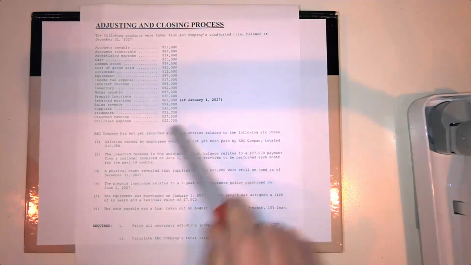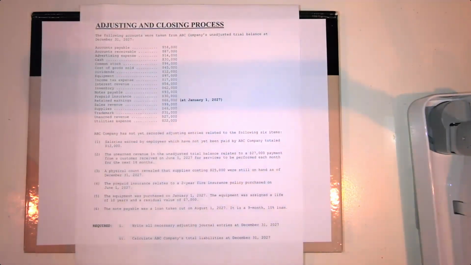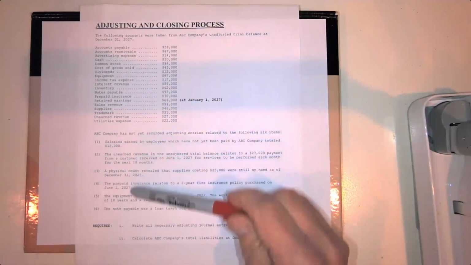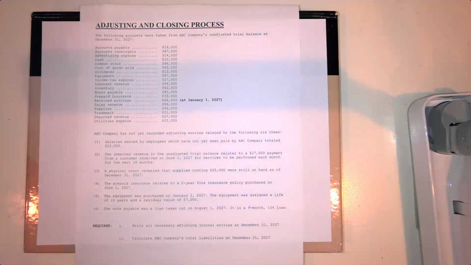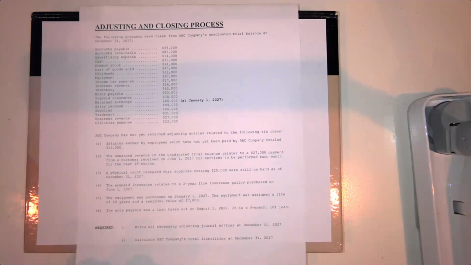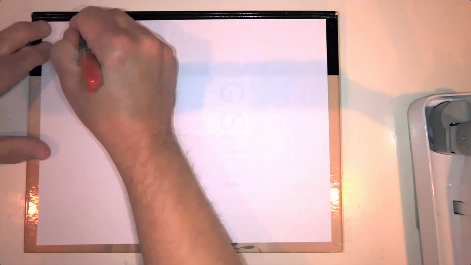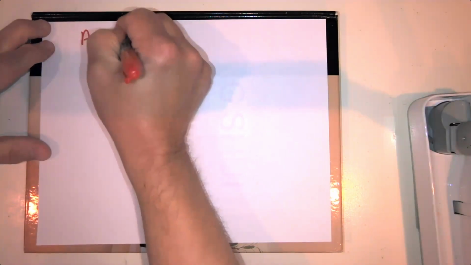And the balances that I've given you are all unadjusted, meaning we've not yet recorded the adjusting entry for these accounts. It then tells me that ABC Company, as we just said, has not yet recorded adjusting entries for these 6 items here. And that is the first requirement of the problem, to write the necessary adjusting journal entries at December 31st, 2027. So what we want to be able to do is come up with our adjusting entries.